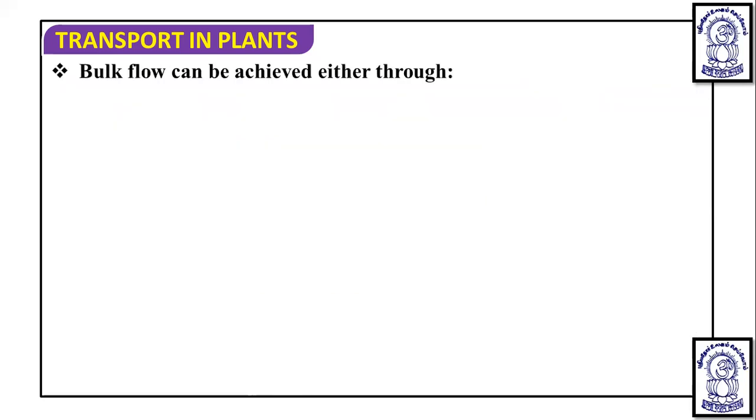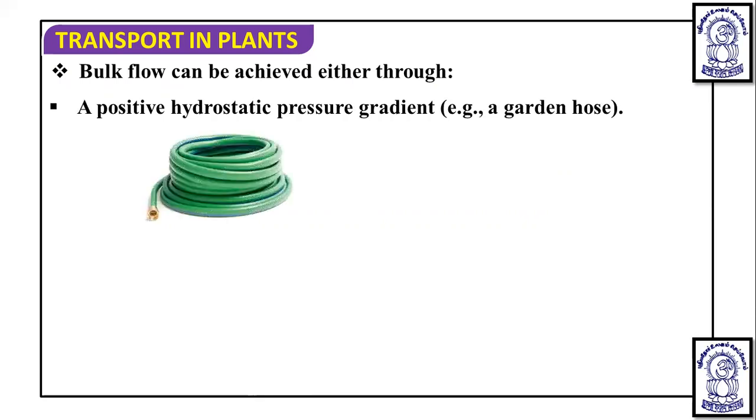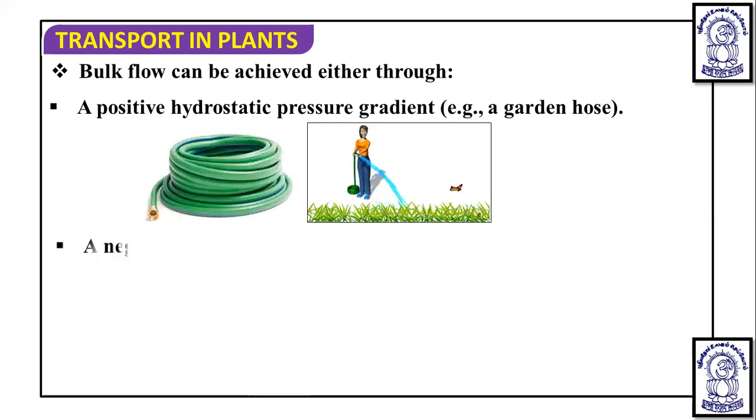So, bulk flow can be achieved either through a positive hydrostatic pressure gradient. If we take the example of a garden hose, suppose you fill it with water, and if we provide one outlet and allow water to go outside, then the pressure which is developed here will be the positive hydrostatic pressure.